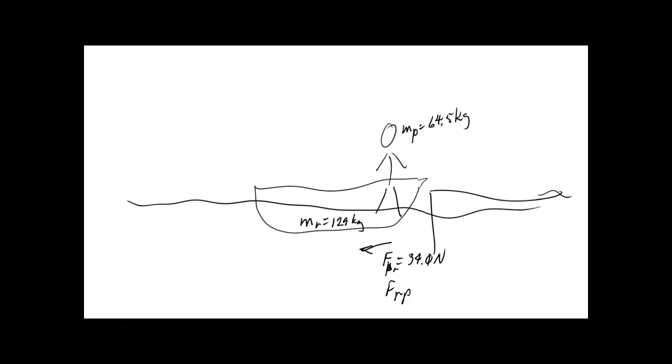So if you push it, it's pushing back. If he's pushing with a force of 34 newtons, guess what the rowboat's pushing with? 34.0 newtons, just in the opposite direction.